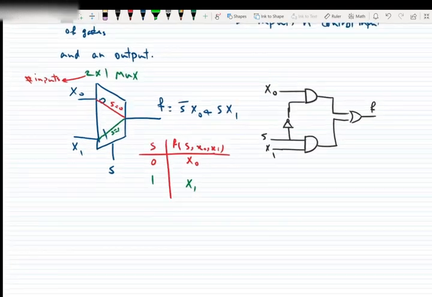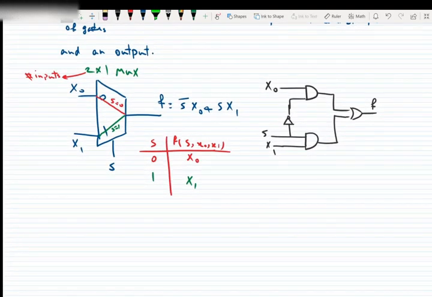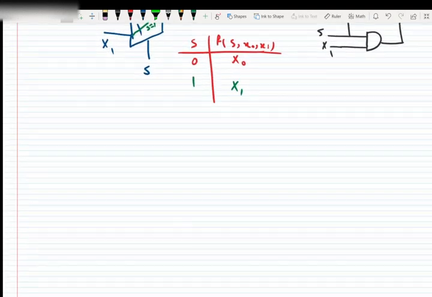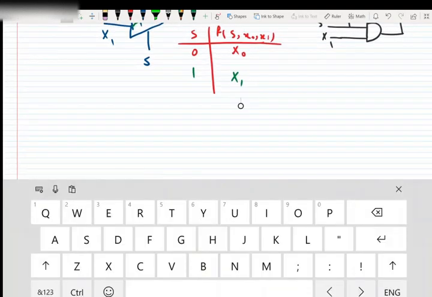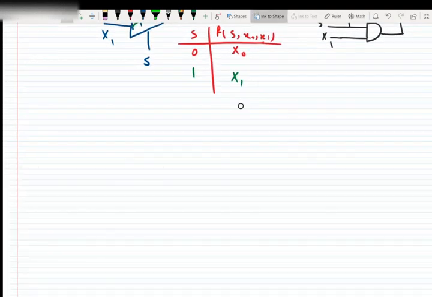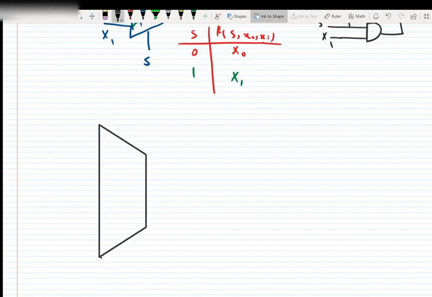Now let's see how we can design a 4 by 1 multiplexer. If we design a 4 by 1 multiplexer, we will have this circuit. 4 inputs: 1, 2, 3, 4.